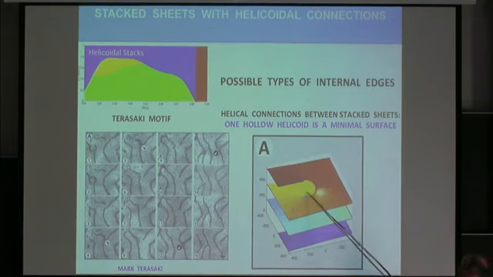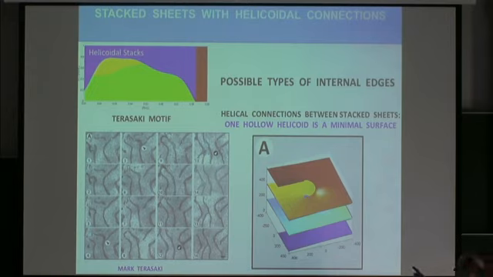So the hole is the edge, which has negative curvature. It's an internal edge, and this shape of a helicoid is a shape with zero mean curvature. It is a so-called minimal surface. In terms of bending energy, it is as good as a flat plane.